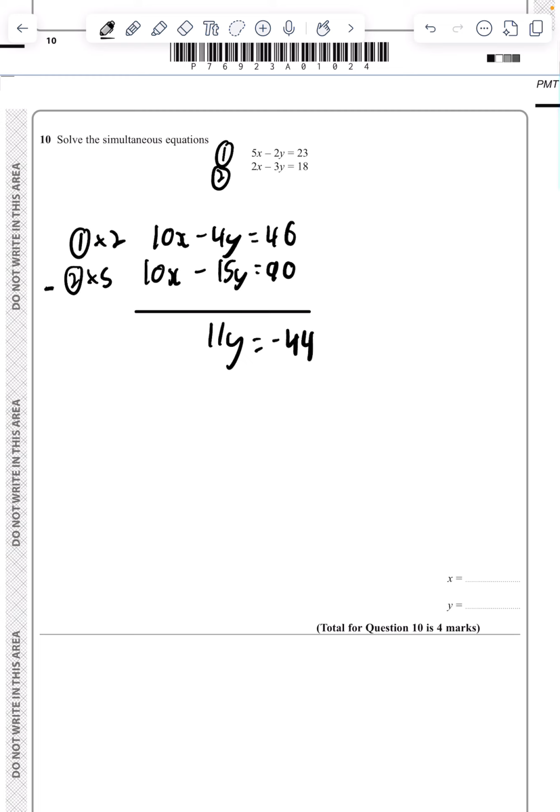So y equals -4. Sub in any, so I'll sub in 1.